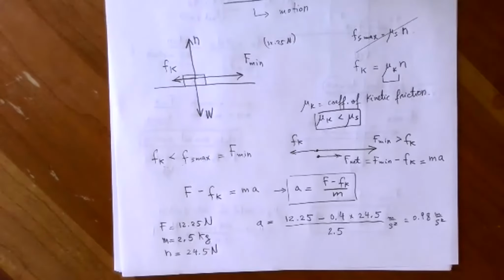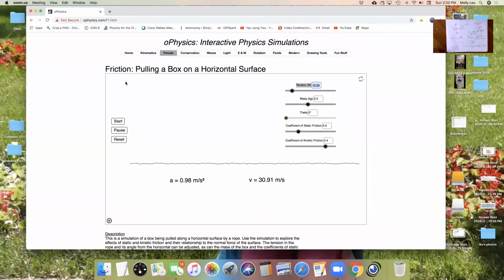So if we go back to our applet, we should bring the object back, who knows where it is. Coefficient of kinetic friction is 0.4. So indeed, if I start, it has an acceleration of 0.98.